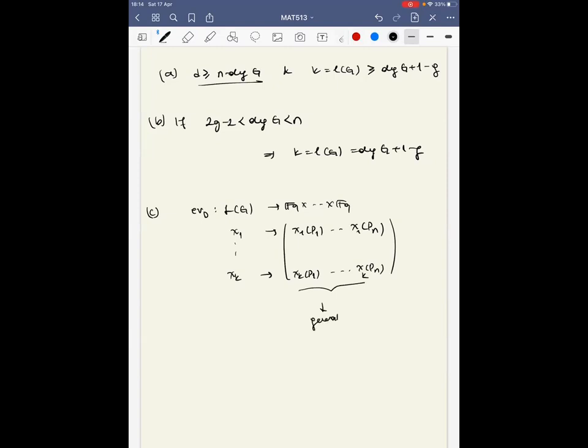And this is obviously going to be a generator matrix.